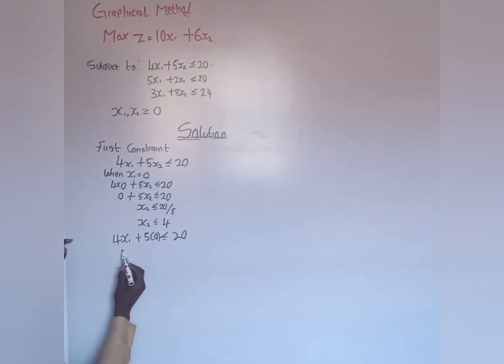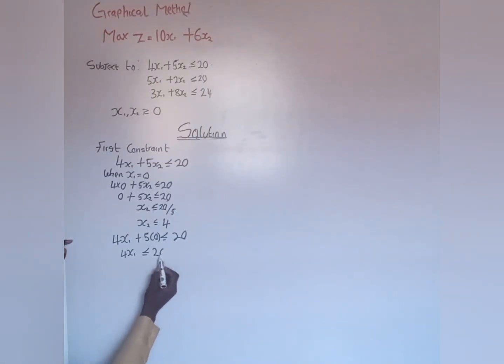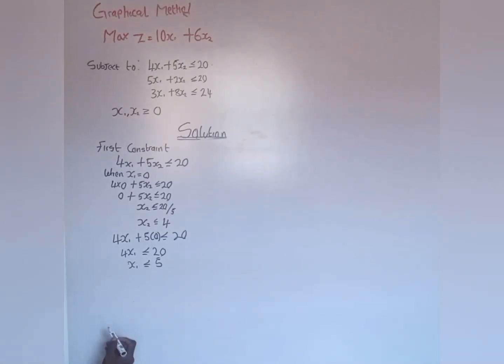So 4x1 is less than or equal to 20. So x1 is less than or equal to 5. So when x1 is 0, the value of x2 is 4. When x2 is 0, the value of x1 is 5. So the first coordinate is 5, 4. This is the value of x1 and x2.